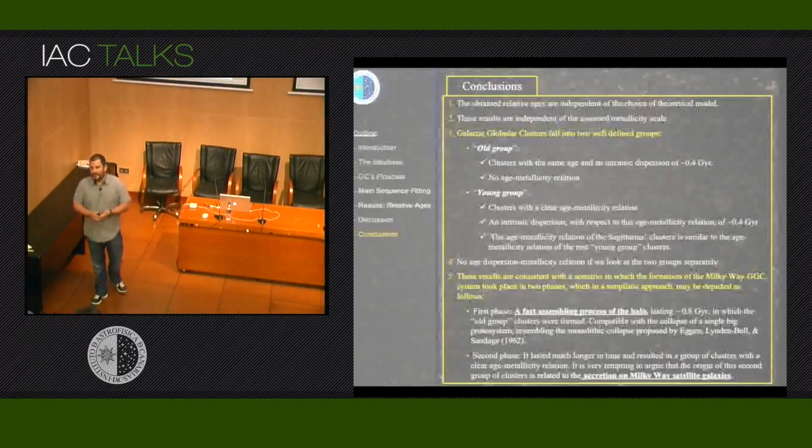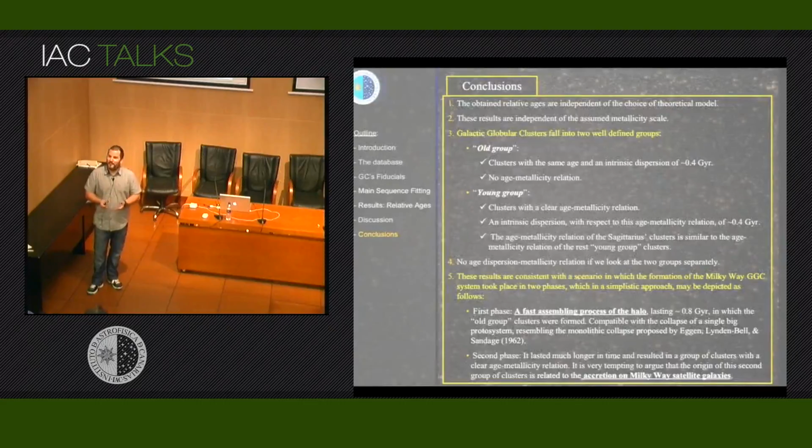But it is true that the absolute age depends on the model. But what is very interesting, and I'm very happy with that, is that they are very consistent. They produce exactly the same results regarding relative ages. If we want to focus on absolute ages, we are working on that in a forthcoming paper.